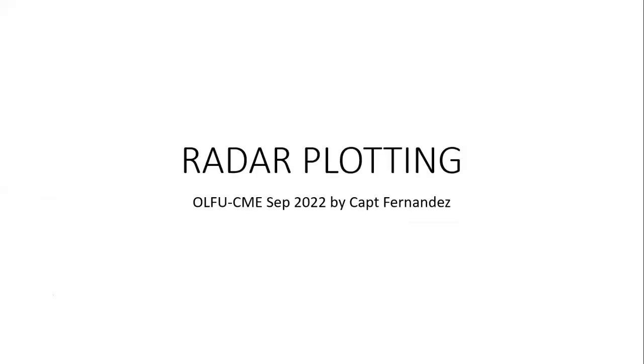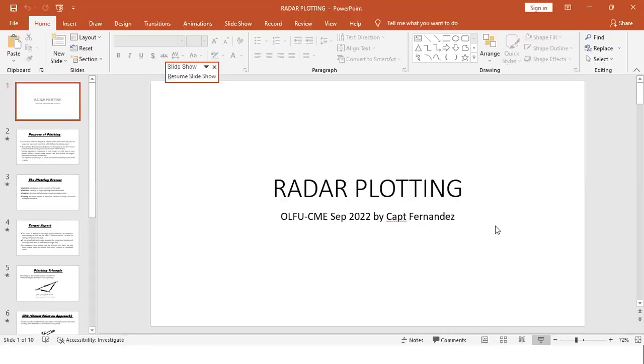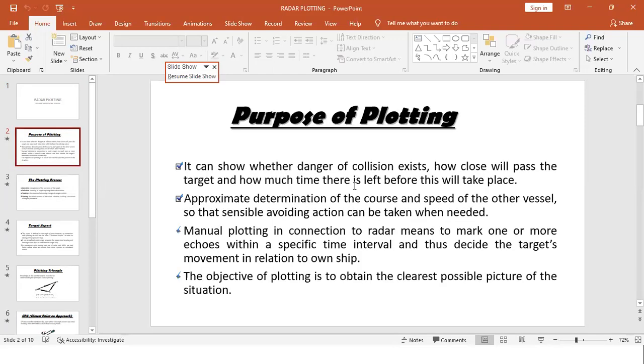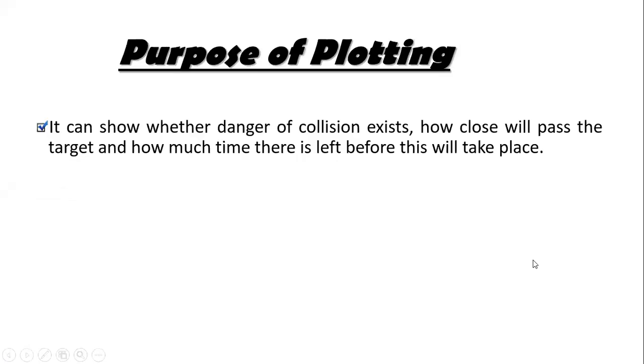So radar plotting, or manual radar plotting. This does not include the idea on the operation of ARPA. So what is the purpose of plotting? It can show whether danger of collision exists, how close the target will pass, and how much time there is left before this will take place.